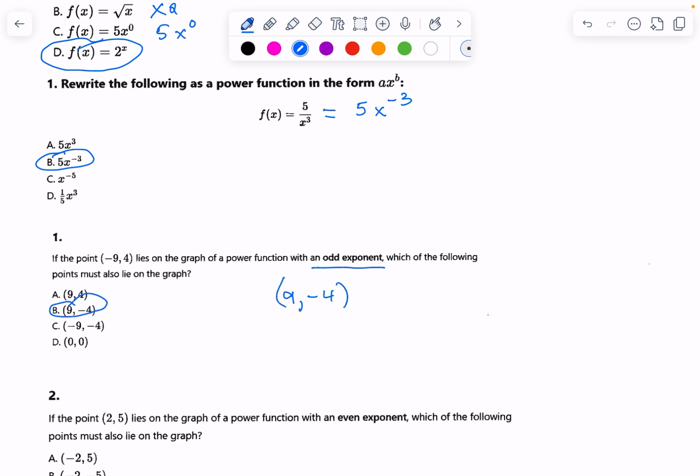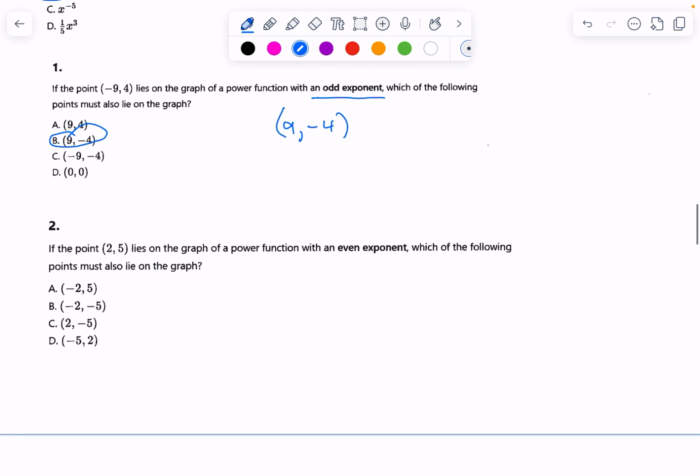So this is b. But when we have an even exponent, if you think about it, the parabola is an even exponent. Remember, these are power functions, so their 0, 0 is going to be on the y-axis, right? So this is the y-axis. So it's symmetrical there. So when you're symmetrical about the y, this point is symmetrical with this point.